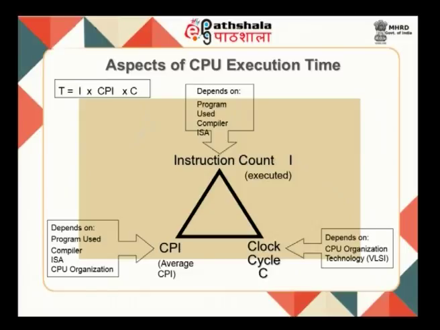So, the compiler may also have a role to play, and because the compiler is only using the instructions in your ISA, the ISA definitely has a role to play. And finally, the CPU organization has also a role to play in designing the CPI values. So, these are the various parameters that will affect these 3 factors, and by taking into account these factors and appropriately designing them, you will be able to reduce the CPU execution time.